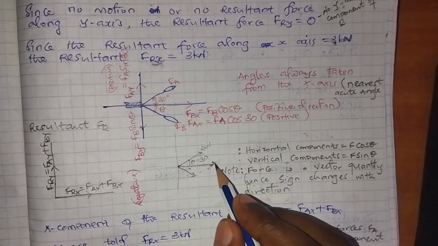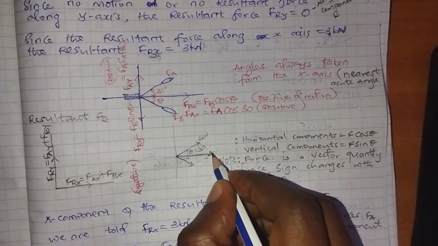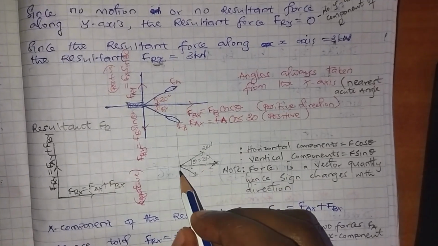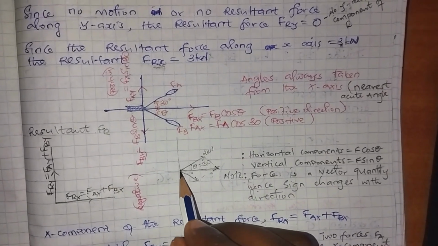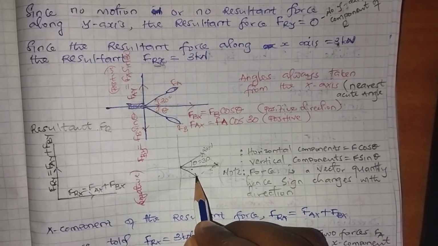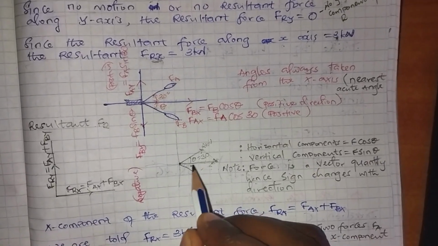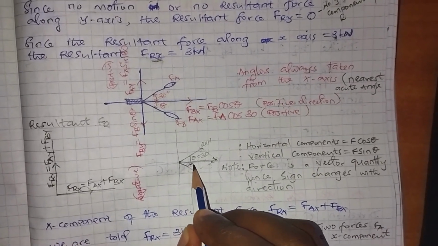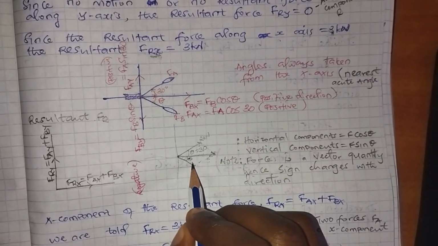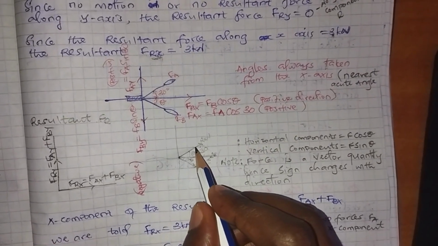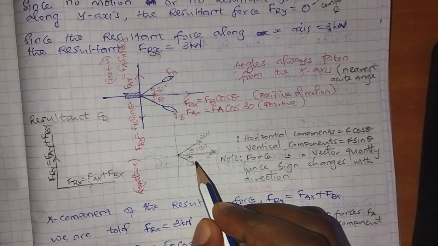And to get the magnitude of this resultant force, you will take the x component of this force, which is given by this angle theta here, plus the x component of this force, okay?